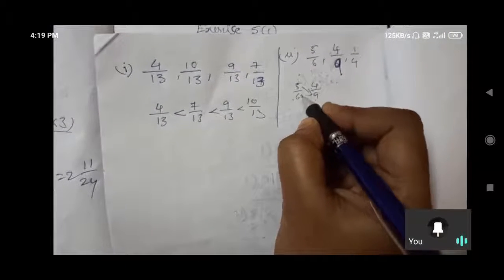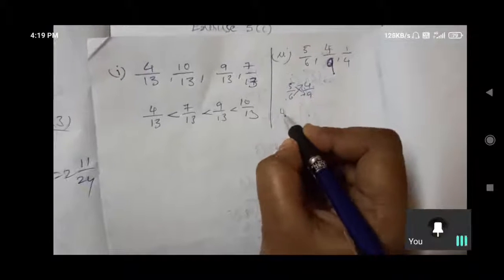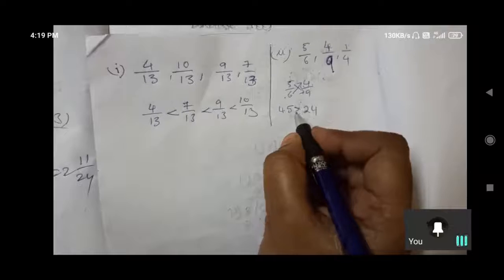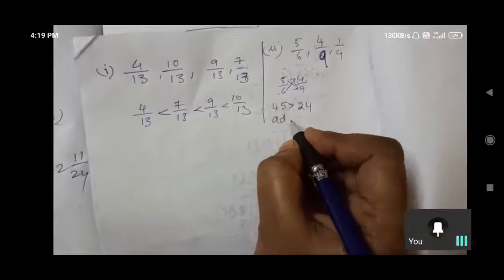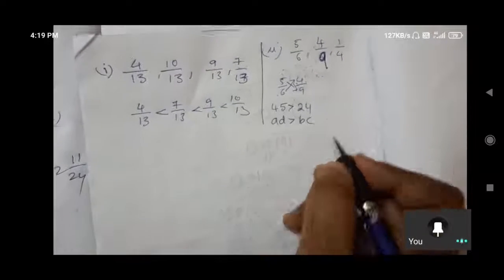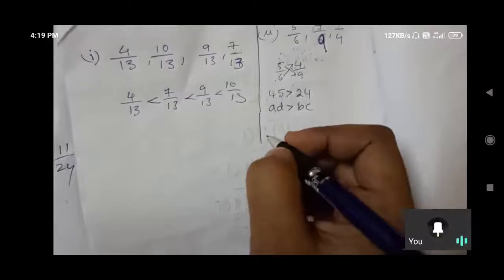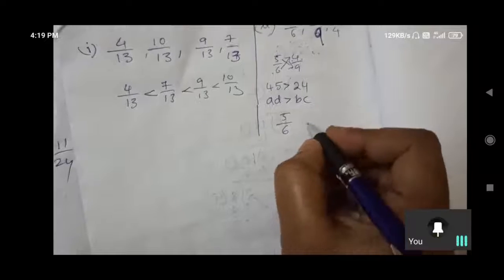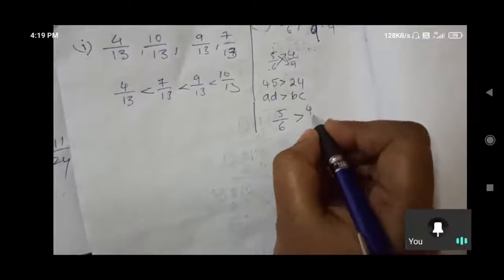Cross multiply you can do. 5 9s are 45 and 6 4s are 24. So AD is bigger than BC. So which one is bigger among these two? 5 by 6 is greater than 4 by 9.